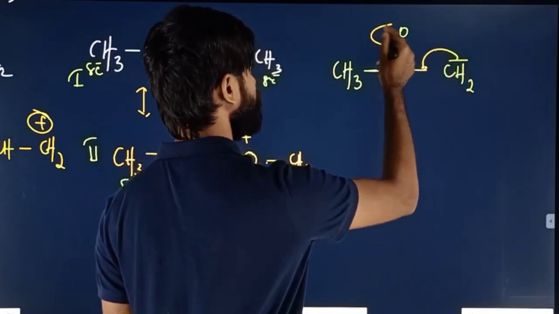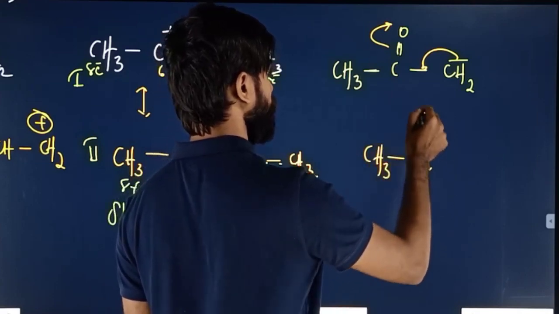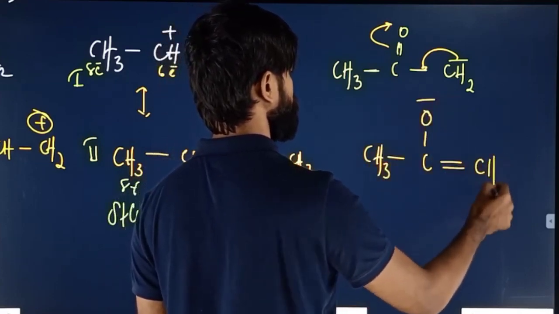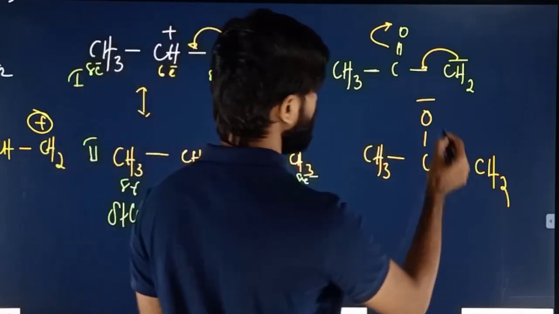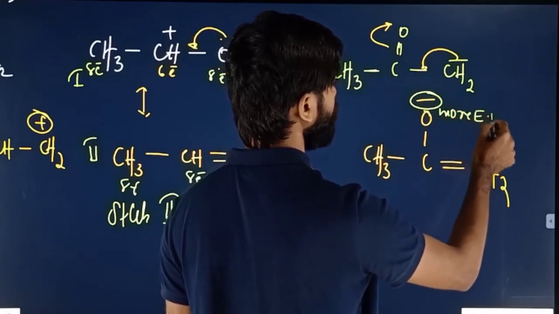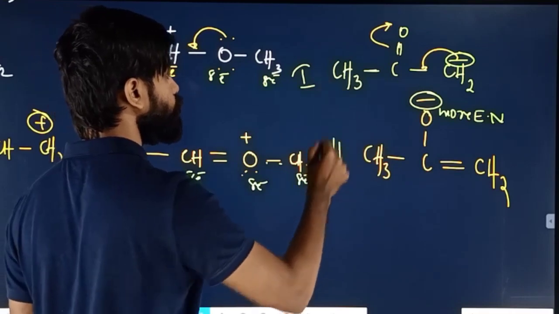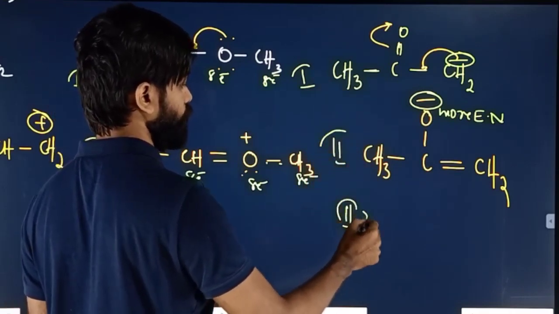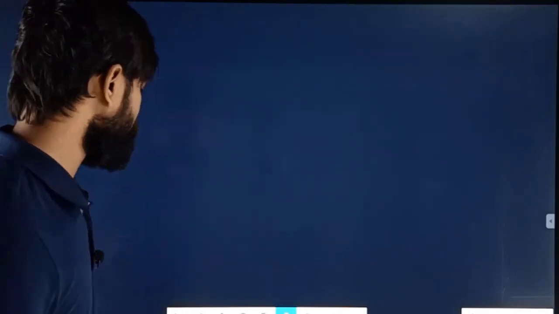If this jumps to here, and this to here, so CH3, CO minus, double bond CH2. Which one is more stable? Here the negative charge is on the more electronegative oxygen. Here the electron pair is on the more electronegative oxygen, but in the other the electron pair is on a less electronegative atom. So 2 is more stable than 1. So these are the different criteria used to describe the stability.